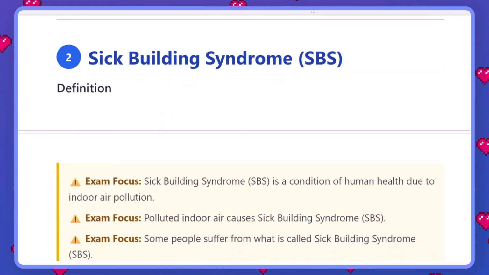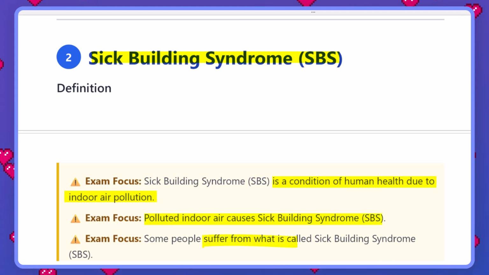Poor indoor air quality can lead to a condition known as sick building syndrome, or SBS. Sick building syndrome refers to a situation where people experience adverse health effects due to indoor air pollution. And yes, this definition has been directly asked in exams. In simple terms, polluted indoor air causes sick building syndrome.